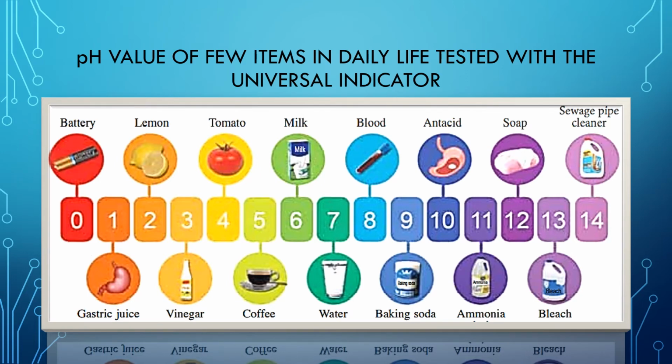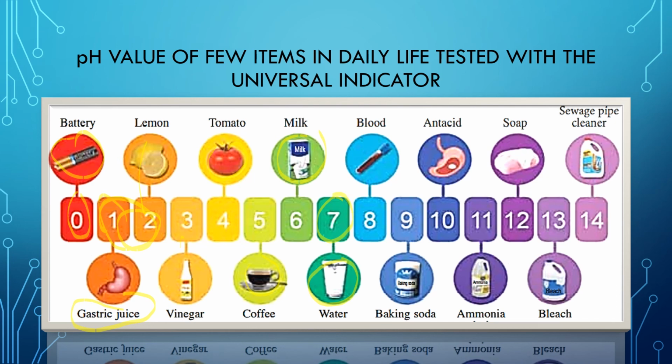Okay, these are examples of pH value of a few items in our daily life, which are tested with the universal indicator. Okay, as you can see here, battery acid has the pH value 0. Gastric juice in our stomach, the pH value is between 1 and 2. Vinegar, lemon, tomato, coffee are also acidic, milk also acidic, and drinking water is neutral because the pH is 7.